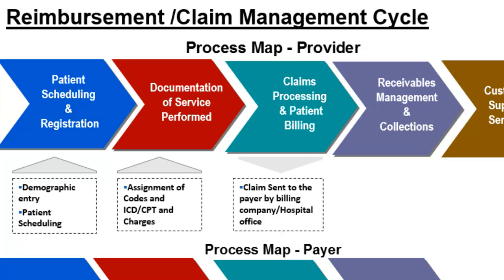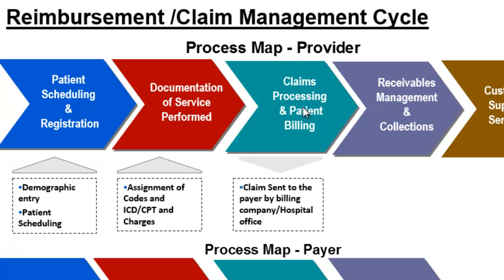At the point of encounter, documentation of services provided happens, and CPT and ICD codes are assigned to determine the charges. Once these CPT and ICD codes and charges are determined, all of the vital information goes into software, which is typically practice management software.